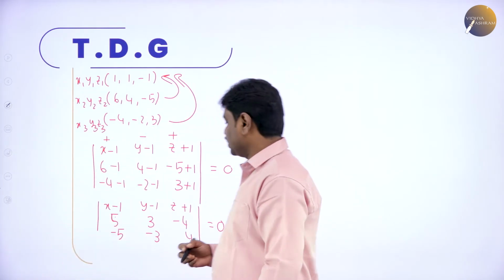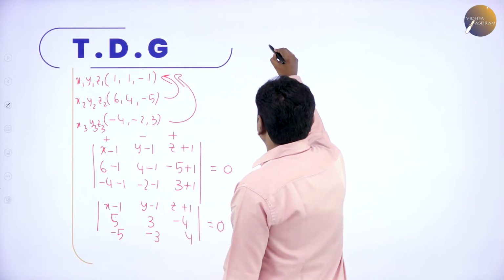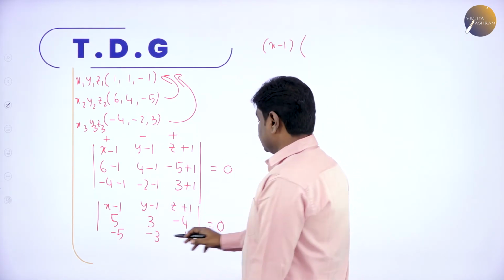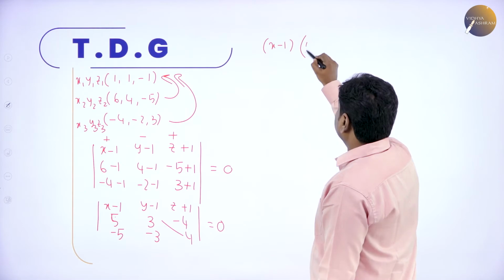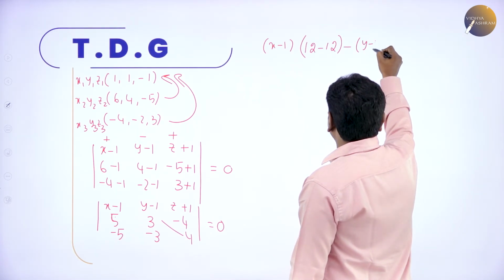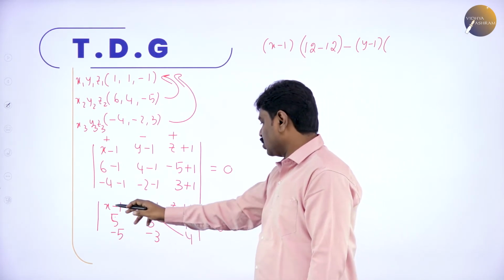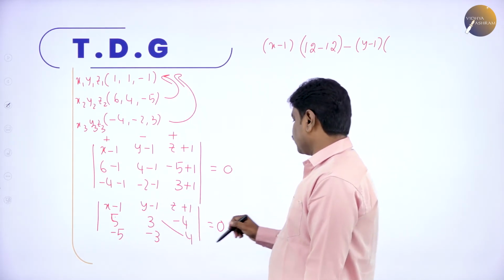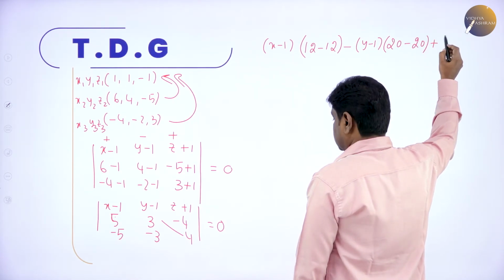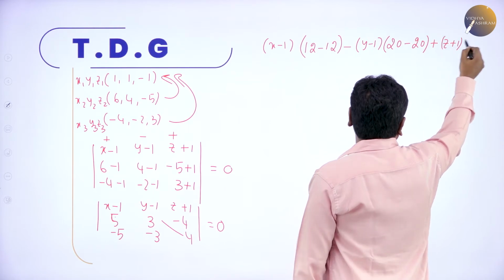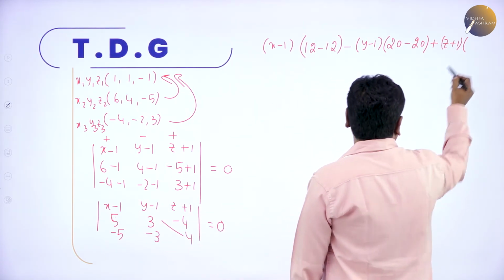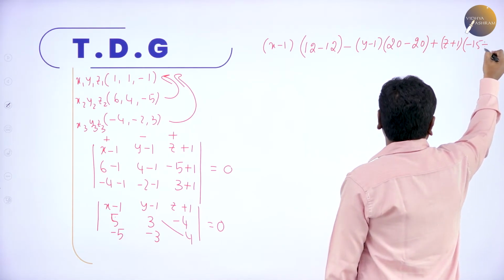Further we simplify: plus minus plus, take x minus 1 into, deleting the row and column, 3 into 4, 12, minus 12; minus y minus 1 into, deleting the row and column, 5 fours are 20, minus 20; plus z plus 1 into, deleting the row and column, minus 15 plus 15.